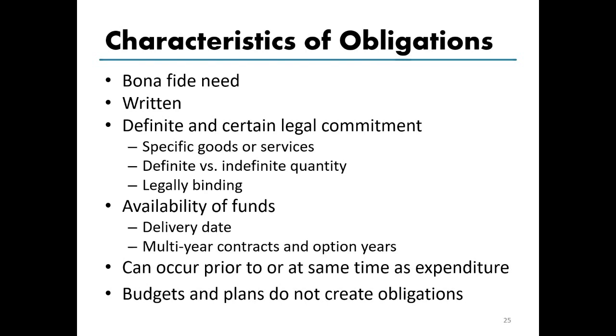If it's a definite quantity that you expect to receive within the contract period, then you would obligate the entire amount until such time as you receive the goods and services, and they turn into an accrued expense. If it's an indefinite quantity, you would only obligate the minimum amount that you're required to purchase during the contract period. And other characteristics: it's something that's legally binding.